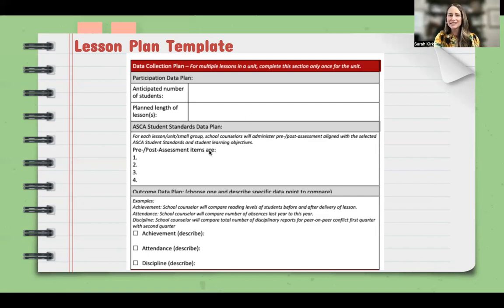We have that mindsets and behavior data collected through pre and post tests. And then we have that outcome data. How are our students different as a result of this small group? So those pieces are really important. But again, don't not run the small group because of this. If this is too much for you right now, leave this page blank and just do the rest for now. You'll get more comfortable as you go.